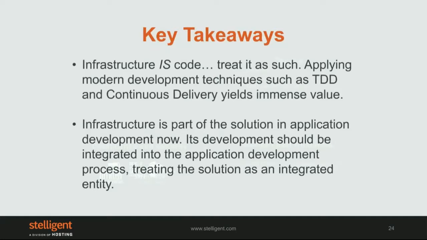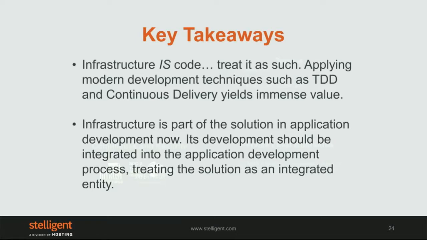So there's a few key takeaways that I want to cover here. The first one, we've talked a lot about infrastructure as code, and this is really critical to us. Your infrastructure nowadays, particularly in a public cloud environment, is code. We need to treat it as such.